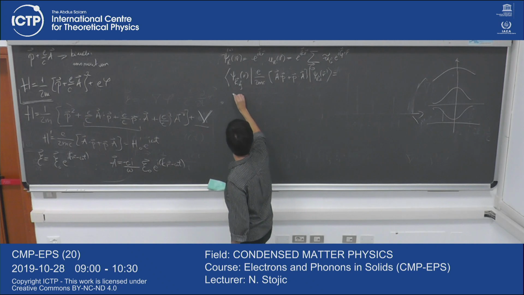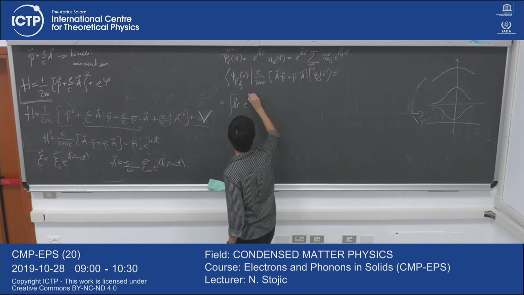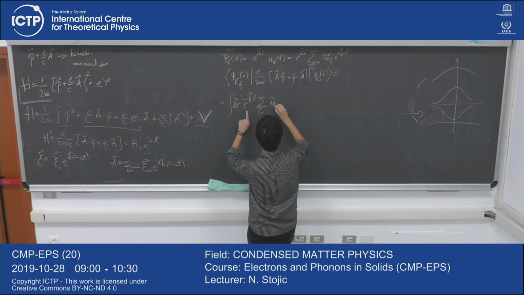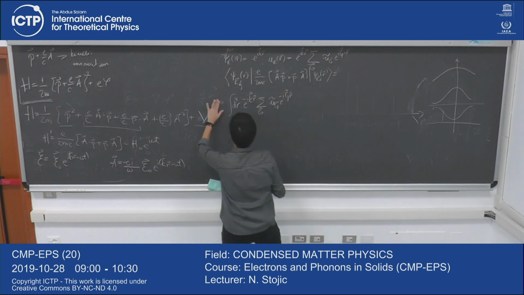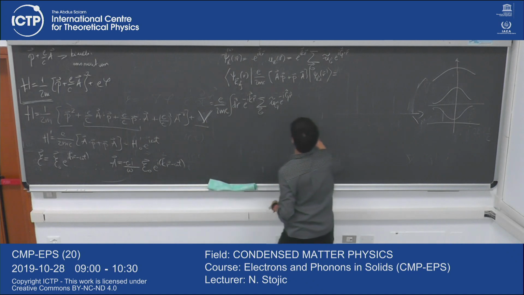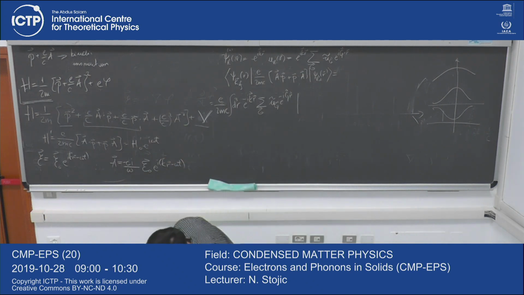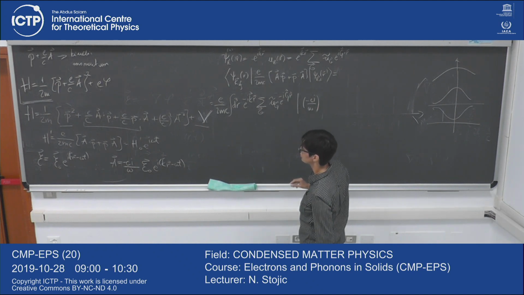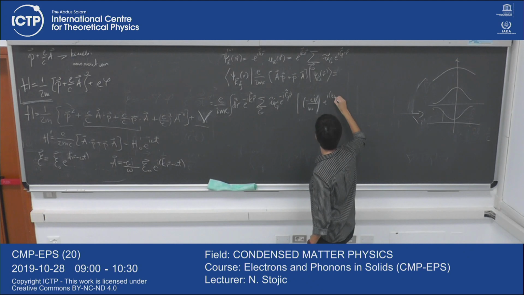So let's write carefully. The integral d3r of e to the i k r, sum over G. Actually, this one is entering as a conjugate, e to the minus i G r, times, I can put this out, the constant, A is this, e0 times e to the i k r.